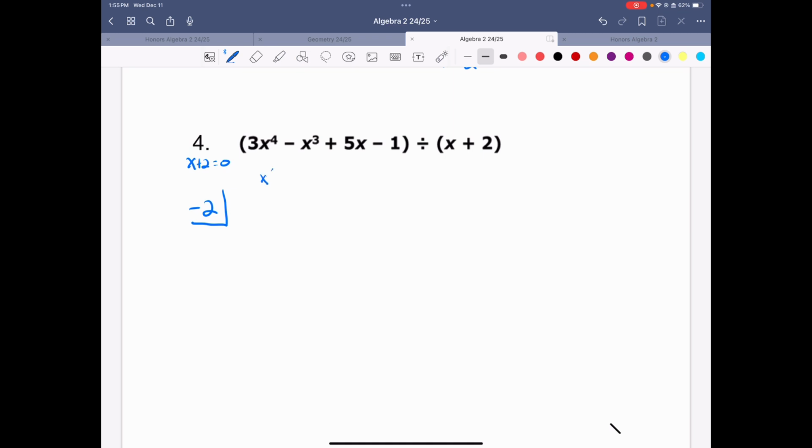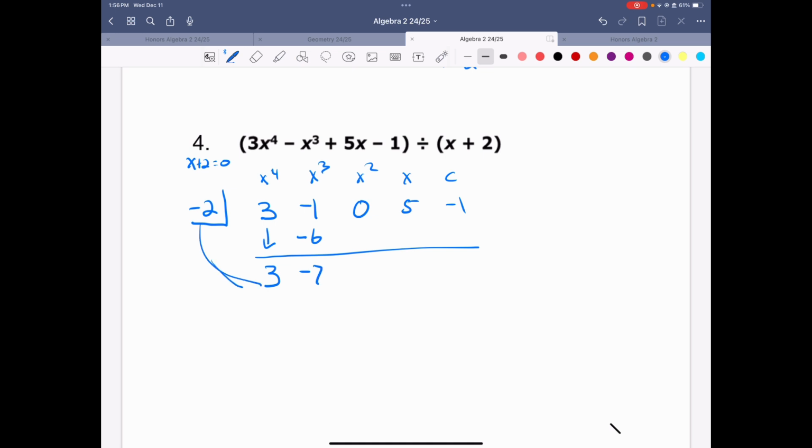So I started with x to the 4th. So that means I have to have the x cubed, x squared, the x, and the constant. So the 4th, the 3rd, there's no x squared, so I got to put a 0, x, and negative 1. Draw my line. Drop the 3 down. Negative 2 times 3 is negative 6. Negative 1 plus negative 6 is negative 7.